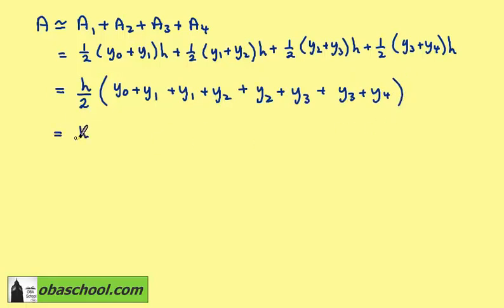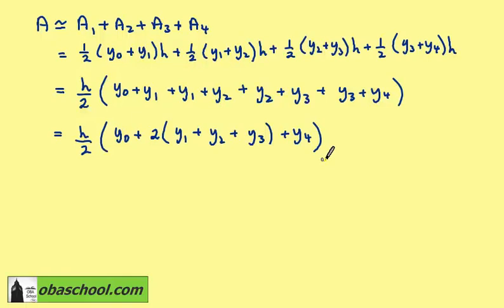So we have h over 2 into, we only have the one y0, and we have 2 of the middle y's. So we have 2 y1s, 2 y2s, and 2 y3s. But only the one y4.